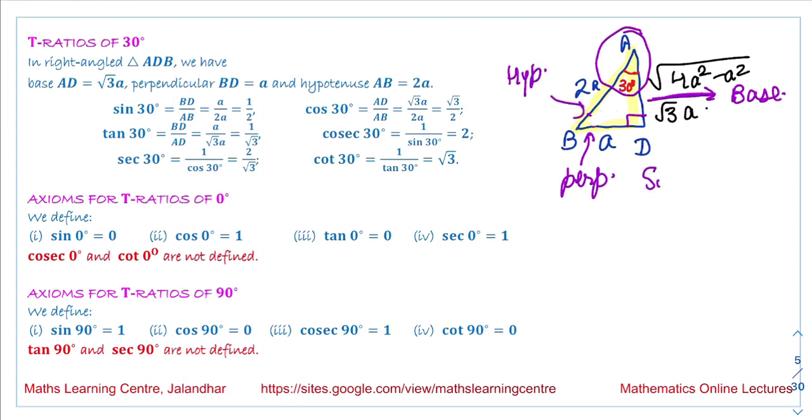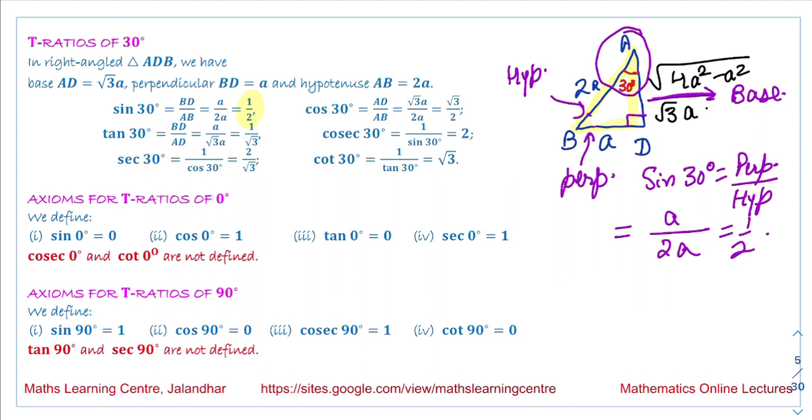So what is the value of sine 30 degree? That is equal to perpendicular over hypotenuse. The length of perpendicular we are saying is a, and the length of the hypotenuse is 2a. So the answer we are getting is 1 by 2.